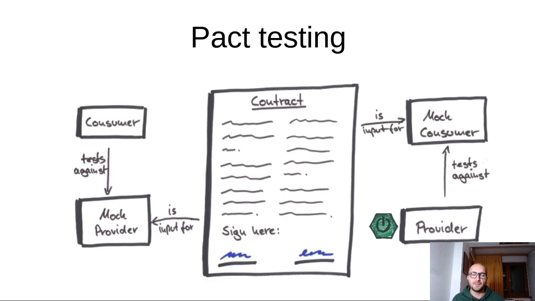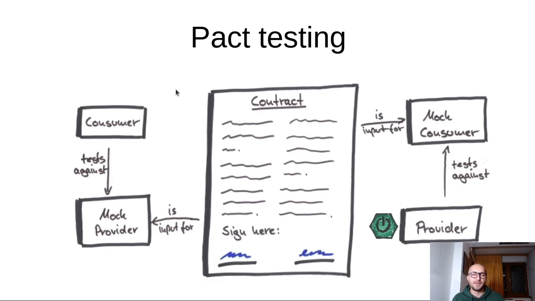And basically the main part here that you see in the middle is the contract. Basically it's just a JSON file. It captures the kind of interactions, the queries, and the responses that the consumer expects. So first of all, we go to the consumer, we write the code, or I think we could also write the Pact test code first.